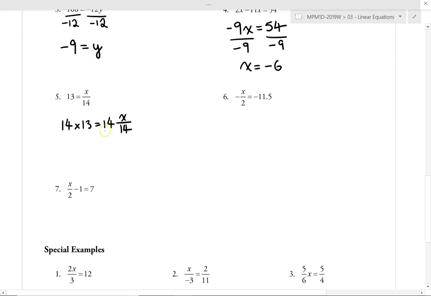You can think of this as just another fraction with a denominator of 1. Although that doesn't line up very well, but still, right? We can therefore cross-cancel these 14s, and each would become a 1. And we're left with just x. And then we need 14 times 13, which is 182. So we get x equals 182.